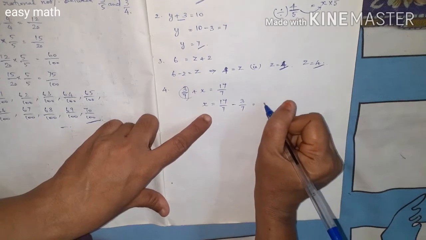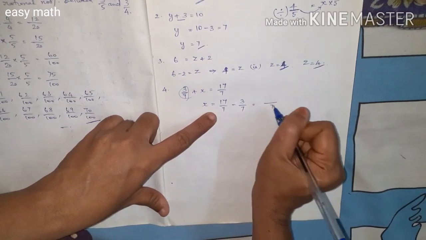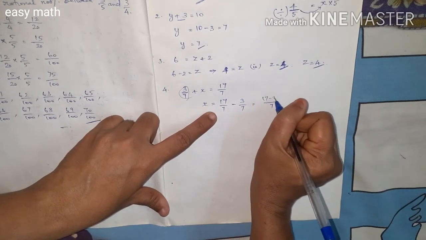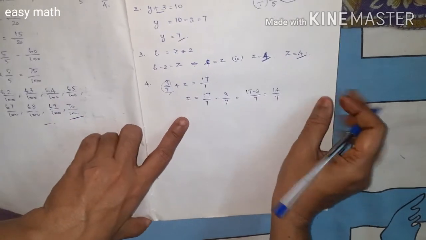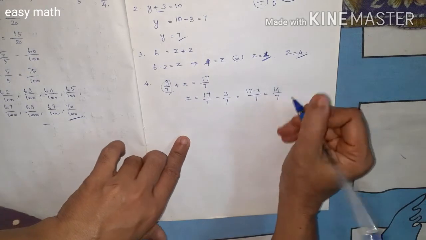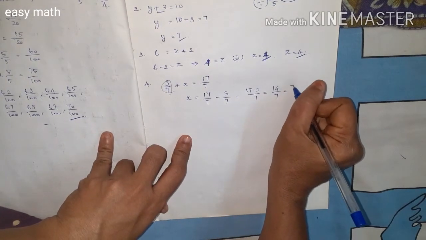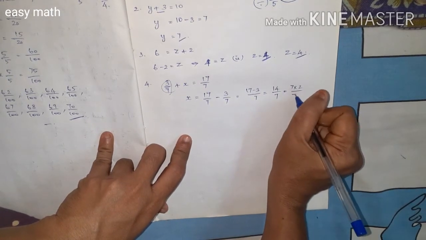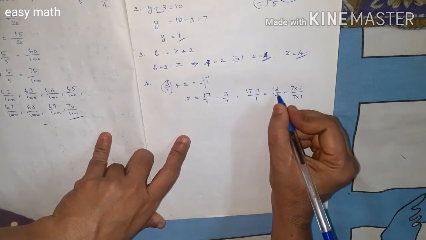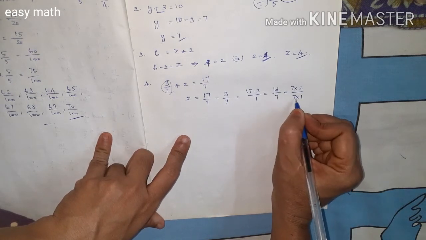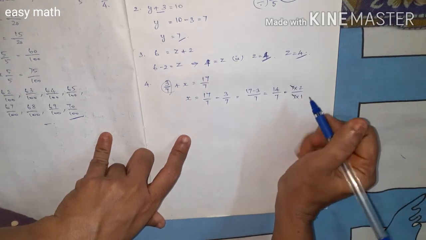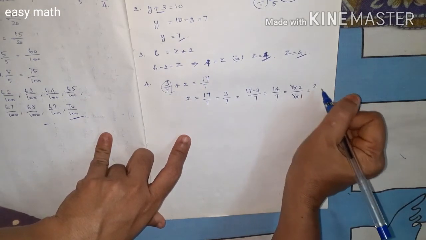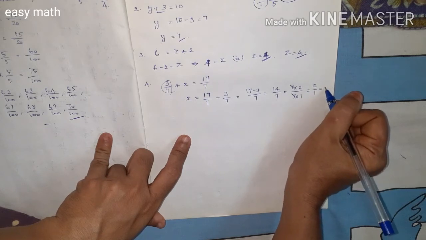We can write it with the common denominator 7: 17 minus 3, 14 by 7. 14 by 7, this is 7 into 2, 7 into 1. We can cancel this 7 and write it as 2 by 1. That is equal to 2.